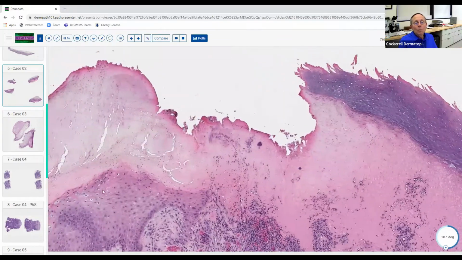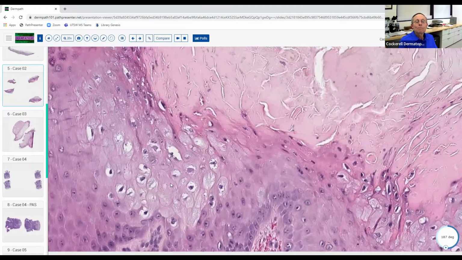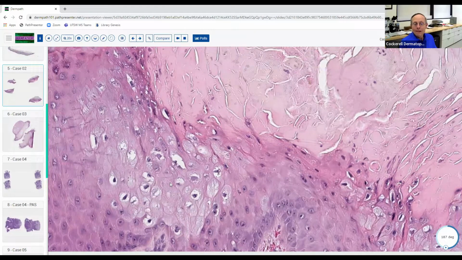So what is the diagnosis here? When I think acral viral, you could think ORF or a herpetic whitlow. What's not so great about herpes here?